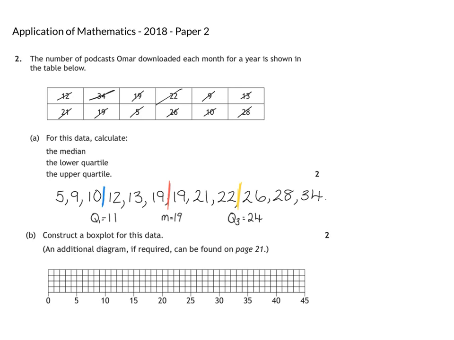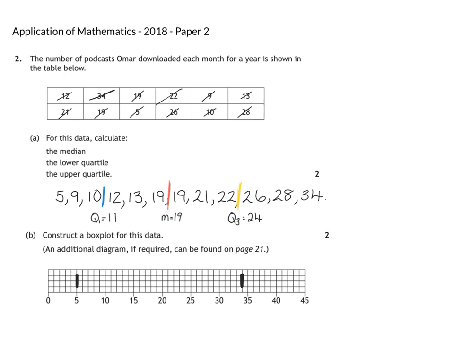So our lowest possible value here is 5. So at 5 we do a line on our box plot, and we have our highest value, which is 34. So we make a mark at 34 there. And then I'm going to color code mine just to make it really obvious.